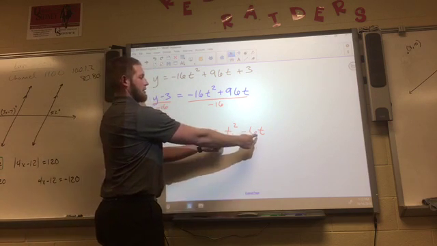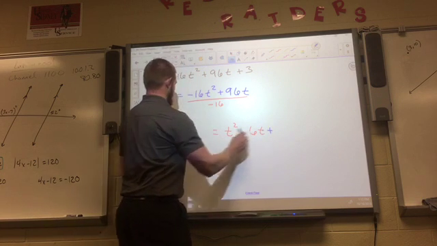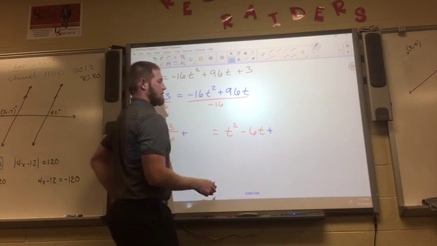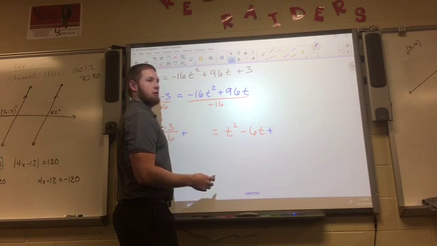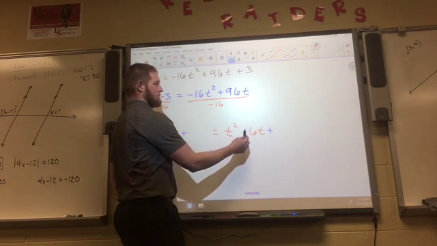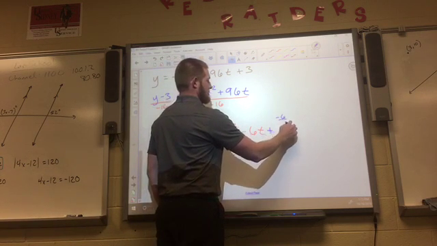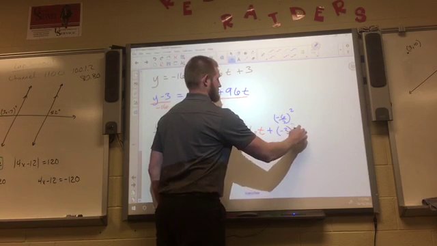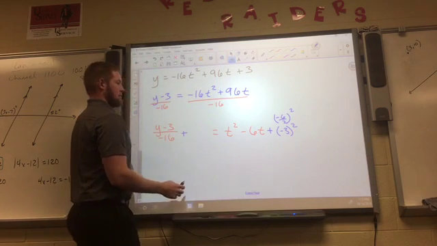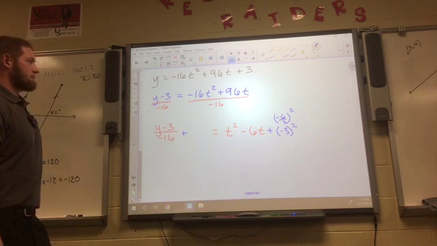Now I'm at a point where I can complete the square on this side. So I need to add what? B over 2 squared. B is? Negative 6. So negative 6 over 2, which is negative 3 squared, correct? Why aren't we doing 96 over 2?